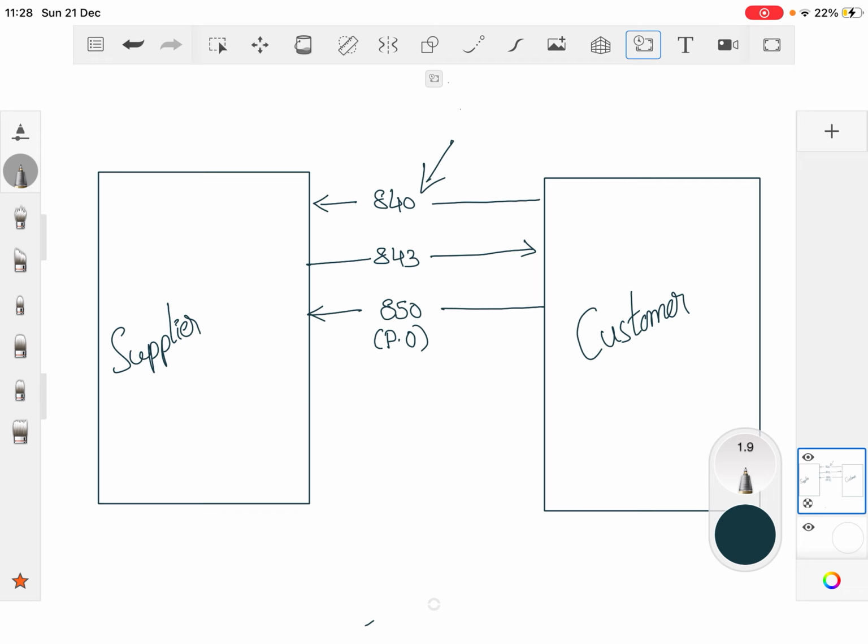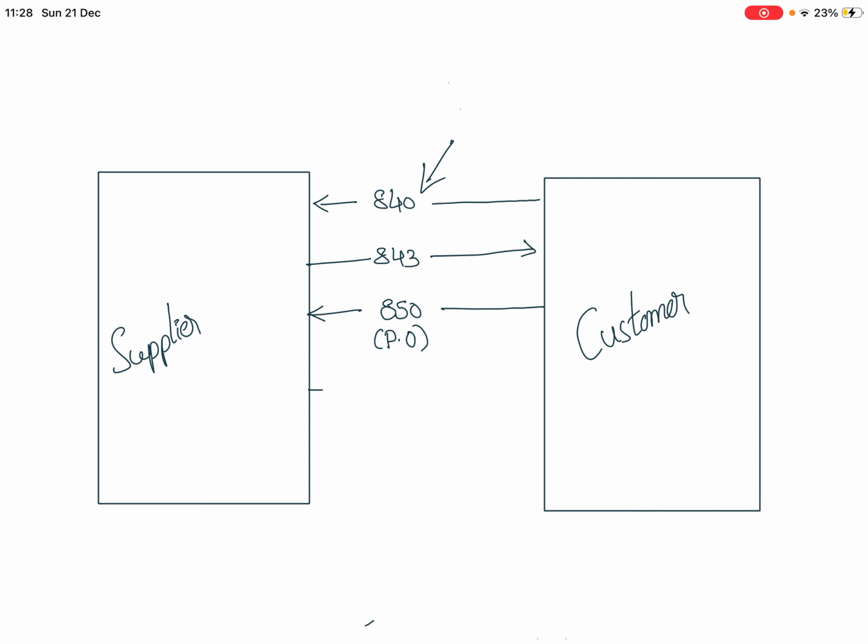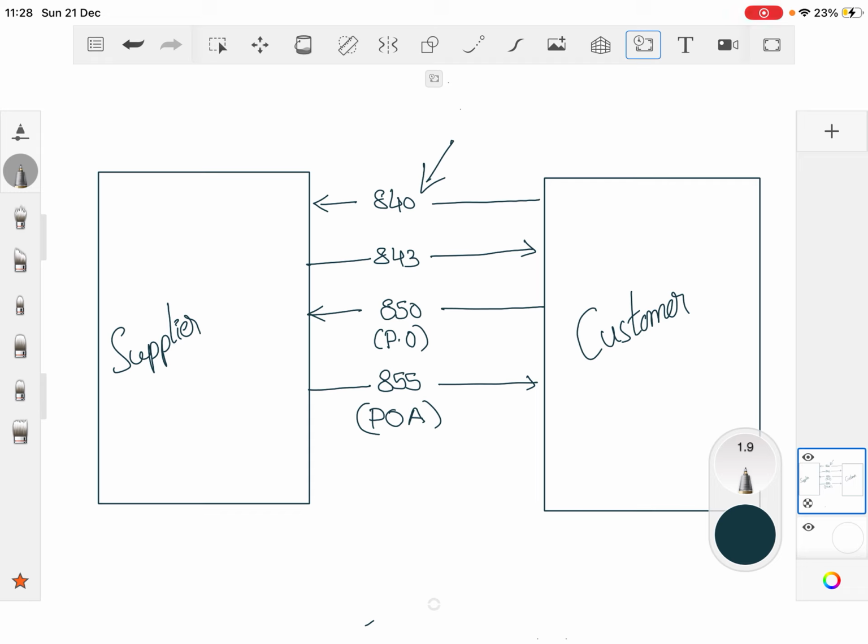Once they have the required quantity of the item, they will acknowledge that 850 with an 855, which is a purchase order acknowledgement. This 855 assures the customer that their order is acknowledged and the supplier is working on that particular order.